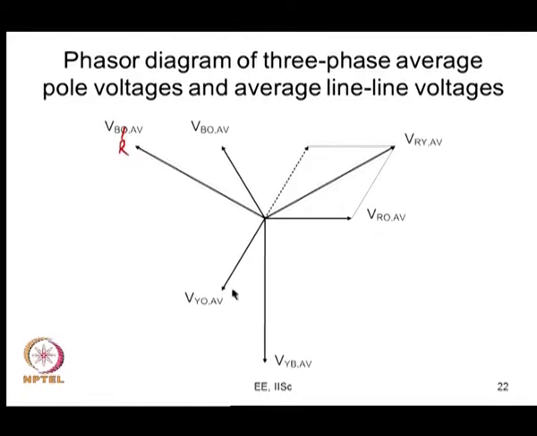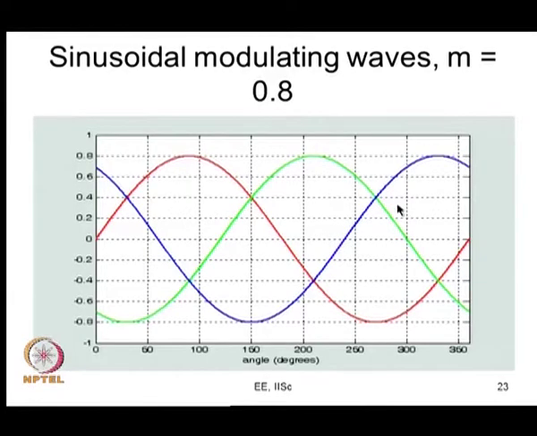Again, VYO minus VBO average will be VYB average. Again, VBO average minus VRO average will be VBR average. So, you can get balanced sinusoidal line to line voltages if you produce balanced 3 phase average pole voltages. This is what we do using sine triangle PWM.